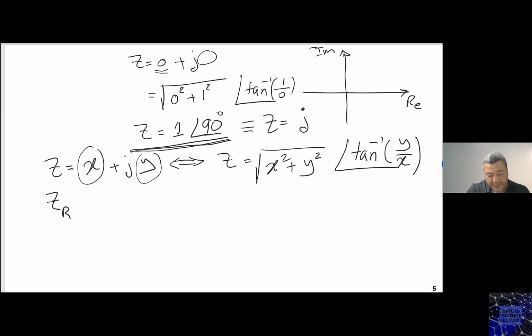For a resistor, for example, I only have the x. A resistor does not have an imaginary number. It's all real. Now, if I am to write the impedance for an ideal capacitor, it does not have a real number. It has only the imaginary part, 1 over j omega C.